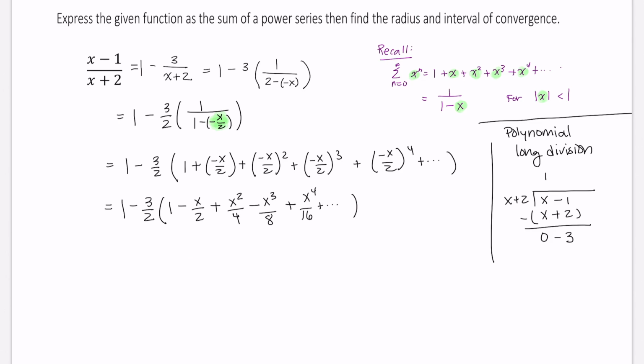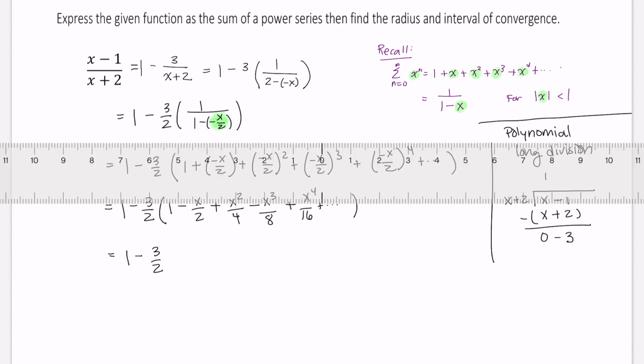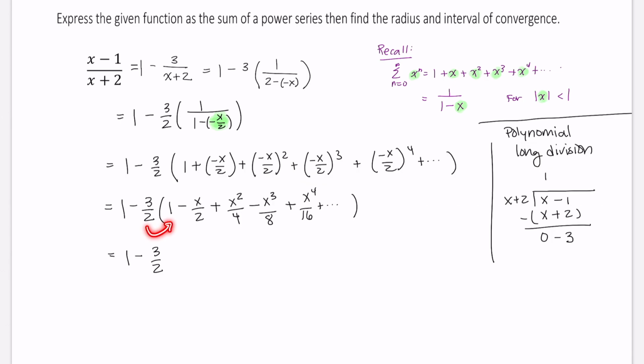There we are. So this is 1 minus 3 halves, and this is me distributing the negative 3 halves everywhere: 1 minus 3 halves plus 3x over 4 minus 3x squared over 8 plus 3x cubed over 16. So that was me multiplying these two.